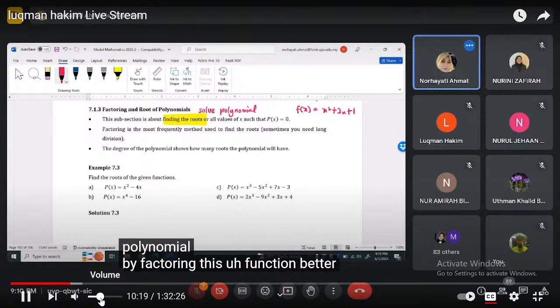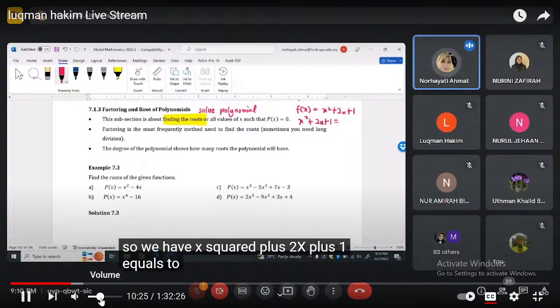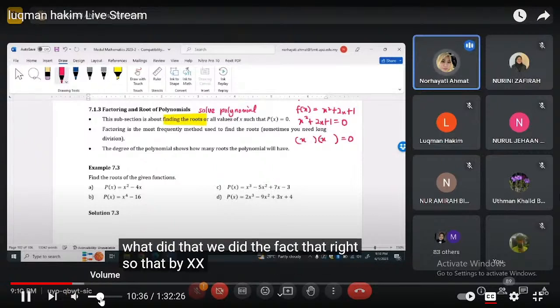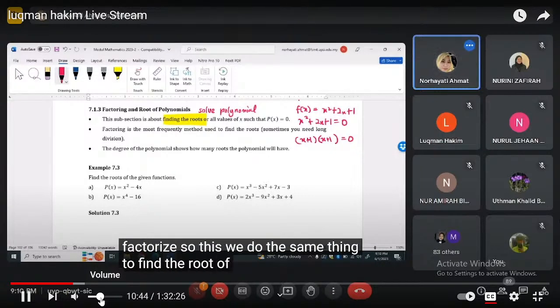So we let f(x) equal 0, so we have x squared plus 2x plus 1 equals 0. Then we factorize the left hand side, and get (x plus 1)(x plus 1). We do the same thing to find the root of a polynomial.